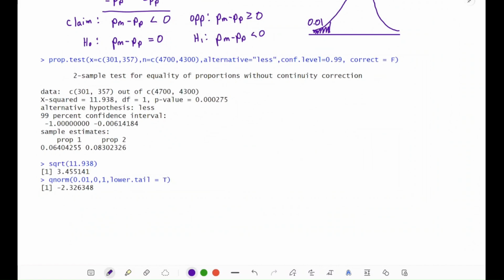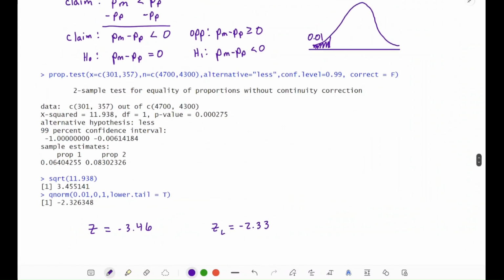So my test statistic, which is Z, is equal to, again, the negative 3.46, I guess, if I round to two decimal places. And then my critical value, which I guess I'll call ZL for this one, is negative 2.33. Now you could use the p-value because it's given to you, but I want to remind you how to do the critical value test.